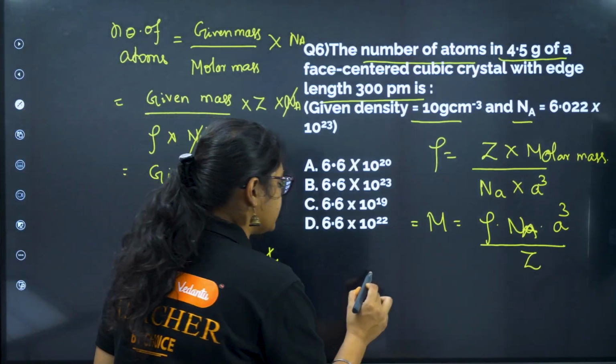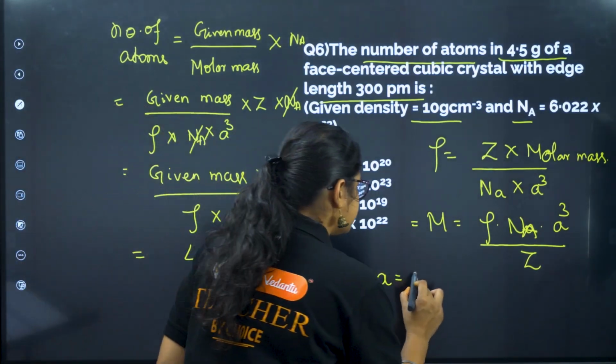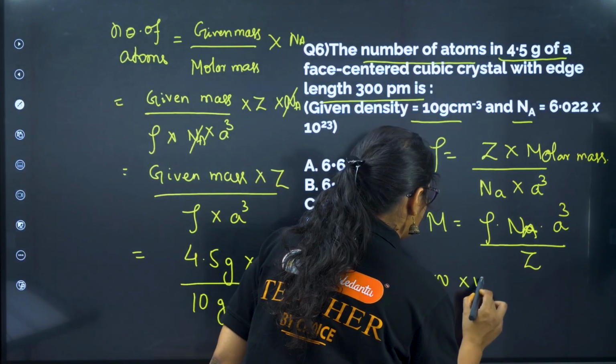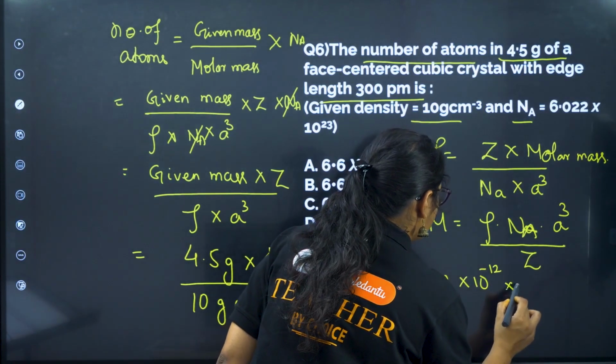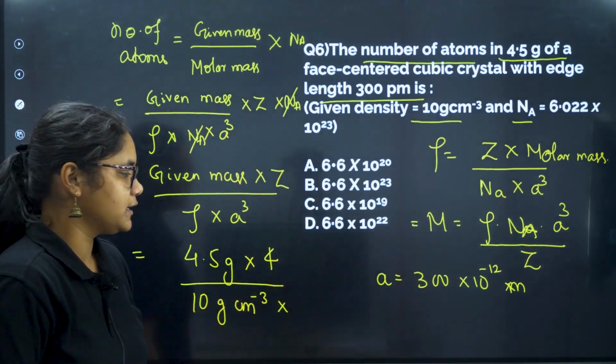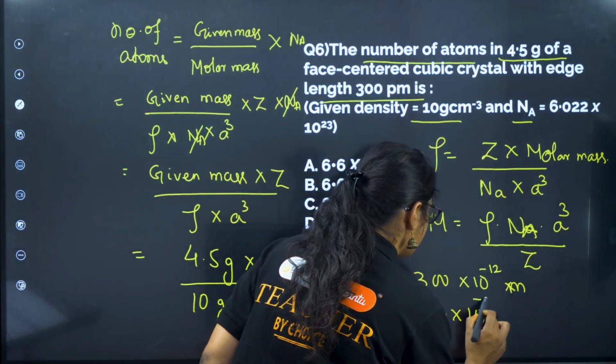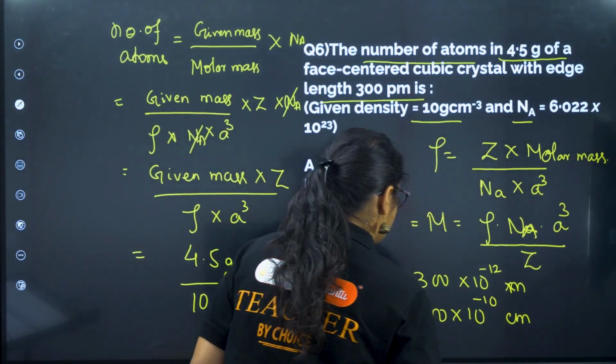So for the side we have to do a little unit conversion. 300 picometer is there, so I can write 300 into 10 to the power of minus 12 meter. But you see density is in centimeter, so again we'll convert it into centimeter. So I can write 300 into 10 to the power of minus 10 centimeter, right?